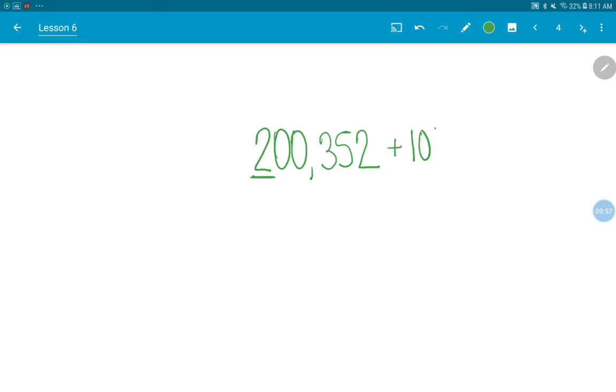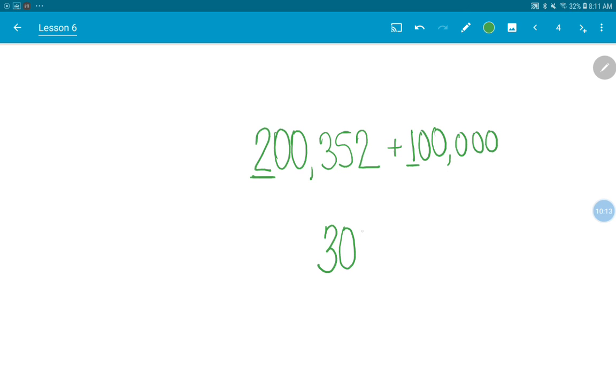I'm adding 100,000. Everything else is zeros. So all I'm doing is changing that 100,000s place value. 200,000 plus 100,000 equals 300,000.